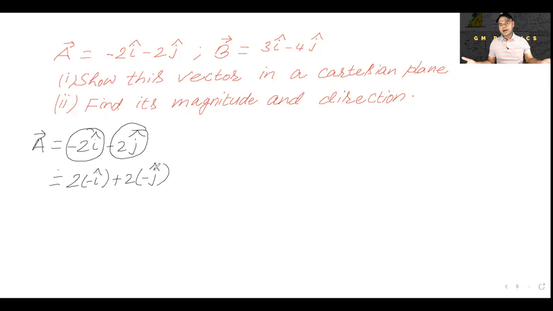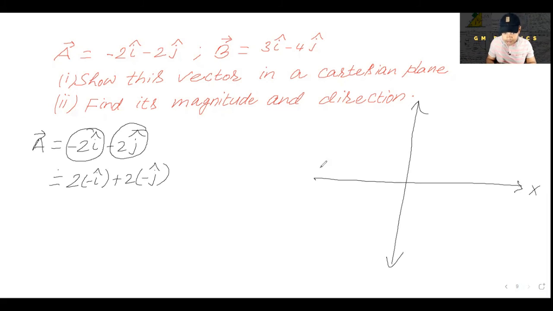Now we have both the components x and y, so we can easily represent this vector in a Cartesian plane. See here, this is my y-axis and this is my x-axis, right? So here I write plus i cap, here I write minus i cap, here I write plus j cap, and here I write minus j cap, right?